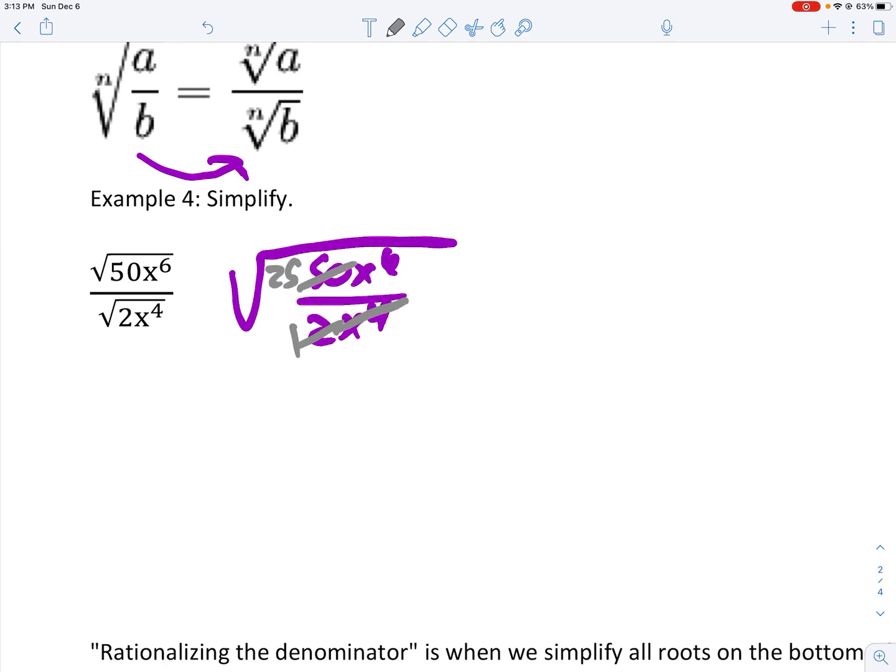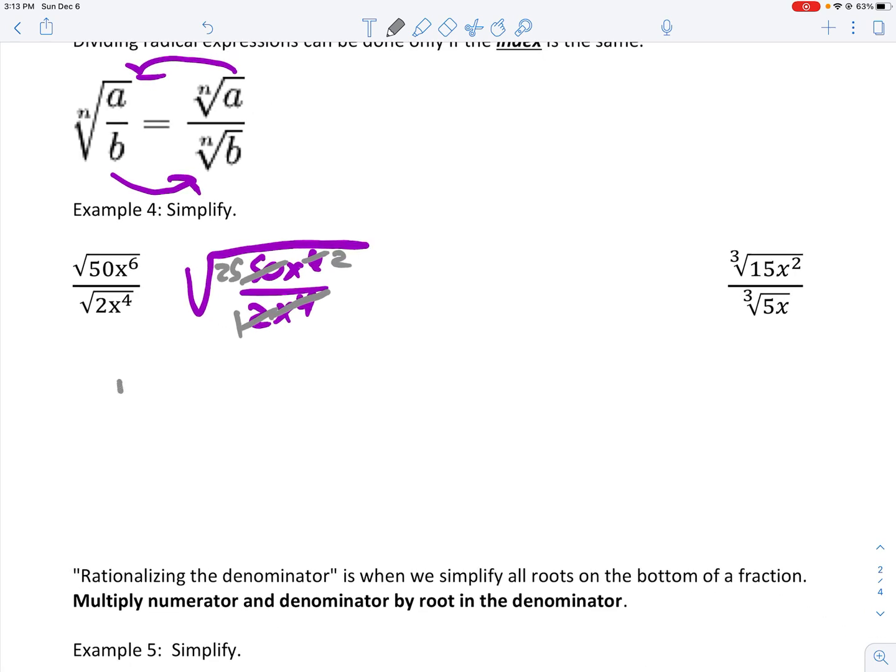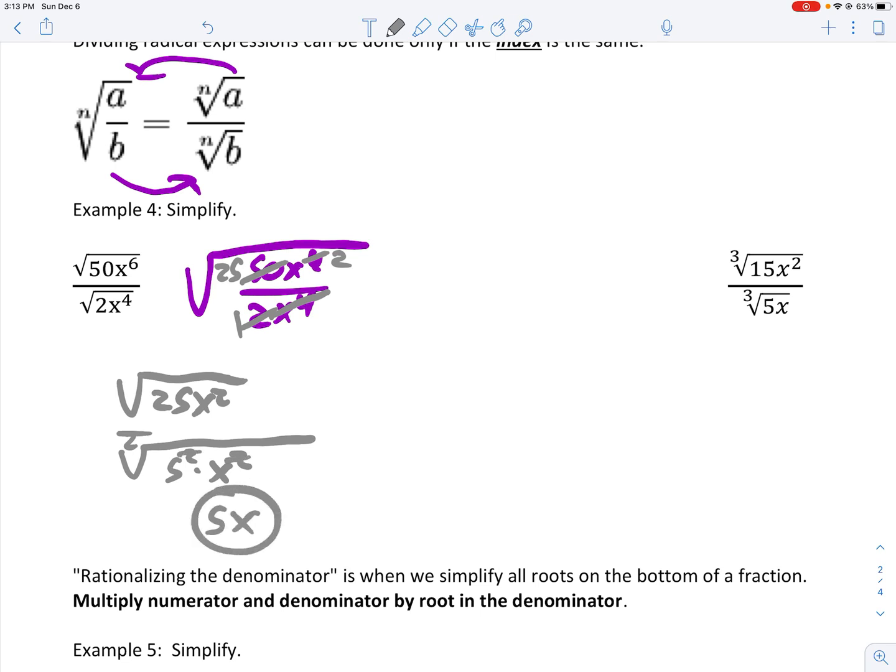All 4 of these x's will reduce with 4 of those, so there's only 2 left. So this ends up being the square root of 25x squared, which is a lot easier to simplify. So again, rewrite it as squares, right? Because taking the square root, they reduce away, so all you have left is 5x.